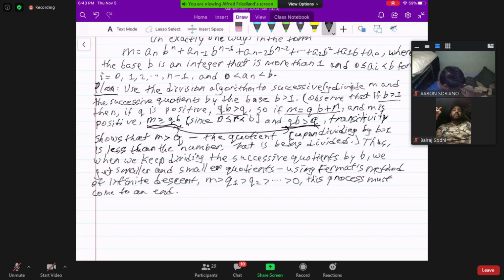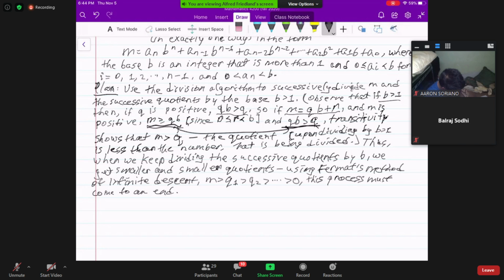And that process will come to an end because you have only a finite number of quotients that you can go down to, because all the quotients are going to be positive, because m started out by being positive.